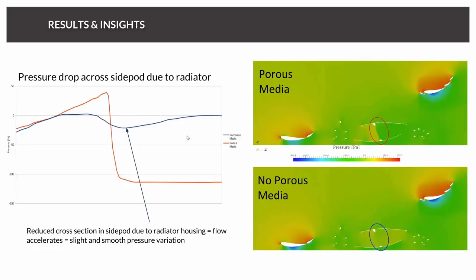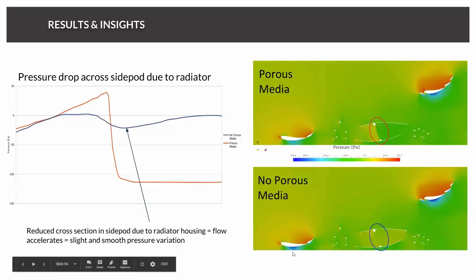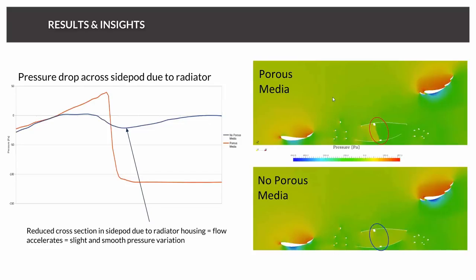And as you can see, without the porous media, we get a completely wrong pressure profile for everything which is happening inside the side parts. And this will not only lead to wrong values, let's say if you want to get the mass fluxes through the radiators, they will be for sure much too high if you don't have porous zones, but it will also impact the overall aerodynamics.